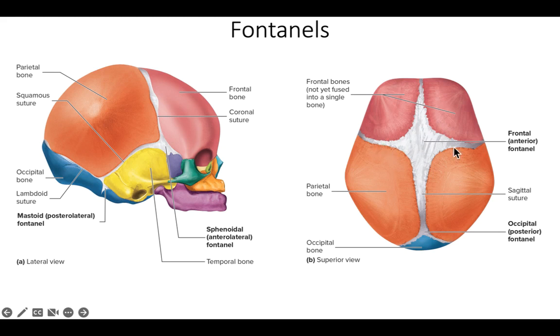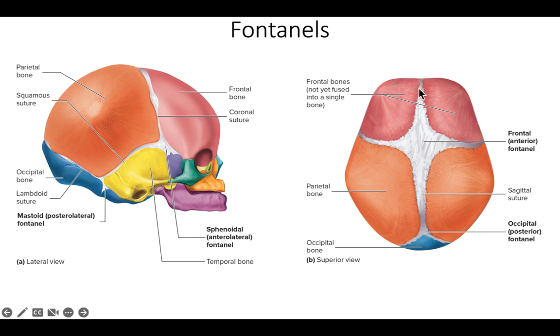Because these membranes will actually grow, allow the skull to grow, and then eventually those membranes completely convert to bone tissue, and what's left where those membranes are the sutures. All right, so we'll learn about sutures when we get to the skull, but a suture is an immovable joint between flat bones of the skull.